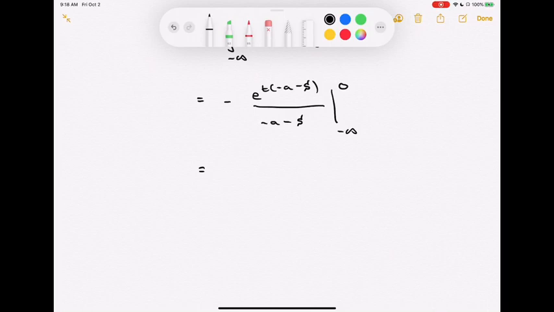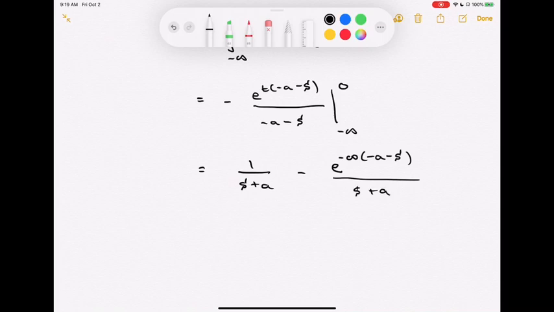So I'm going to have 1 over minus a minus s, but there was a minus sign out front. That gives me 1 over s plus a. And then I'm going to subtract off the lower limit, a subtraction of another negative, so it's just going to be a single negative, and I'm going to have e to the minus infinity, if you will, times minus a minus s, over s plus a.